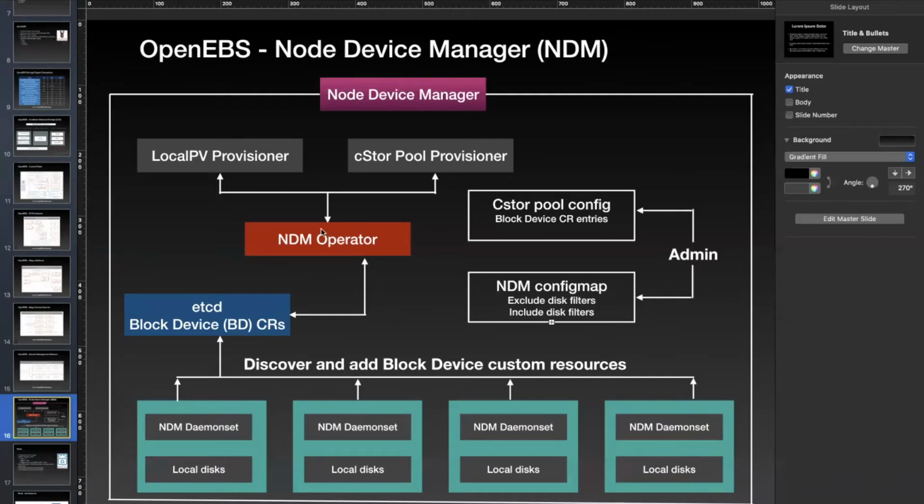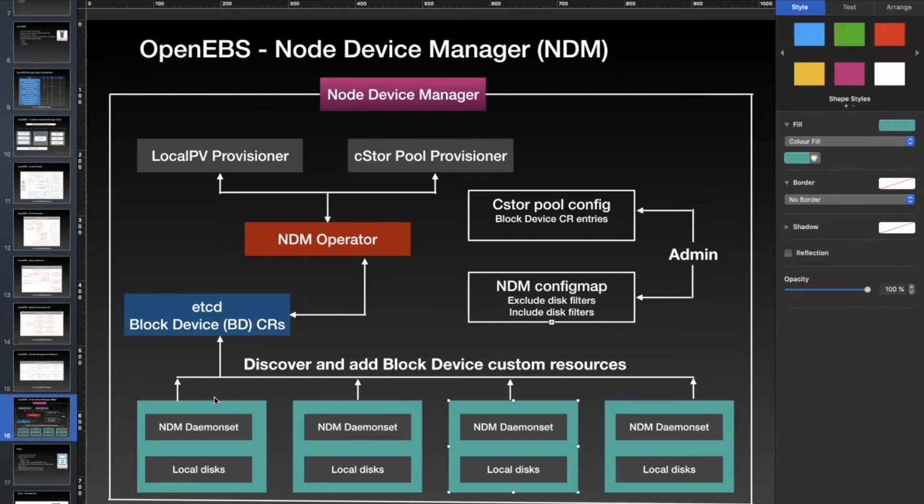The key component here is the NDM operator. The NDM operator stores its data in etcd as block device custom resources, and these are responsible for discovering and adding block devices on their own. Consider each disk as being on a single node.